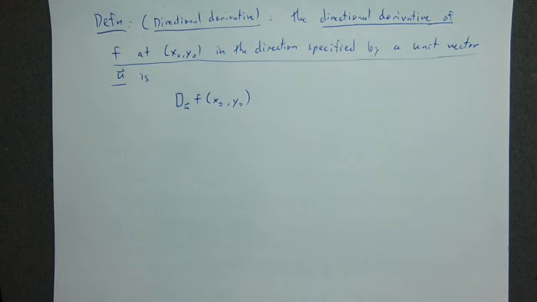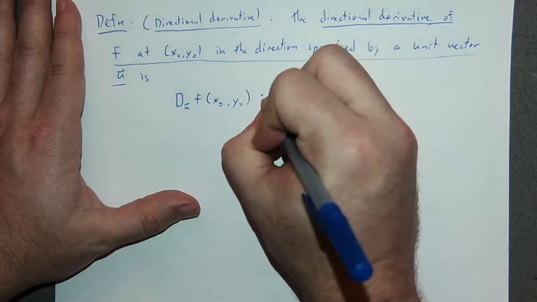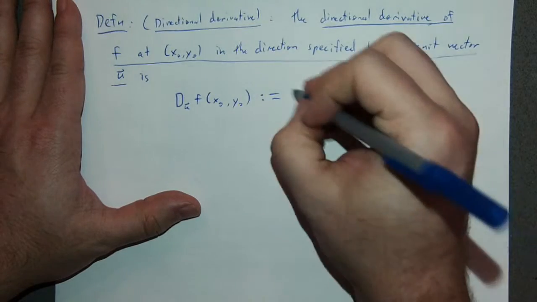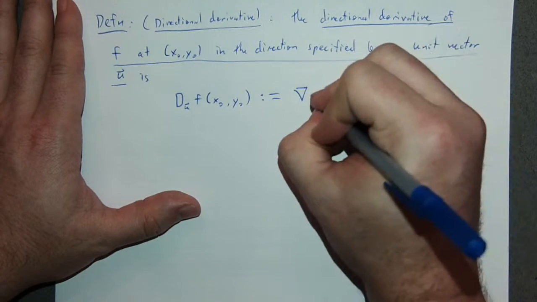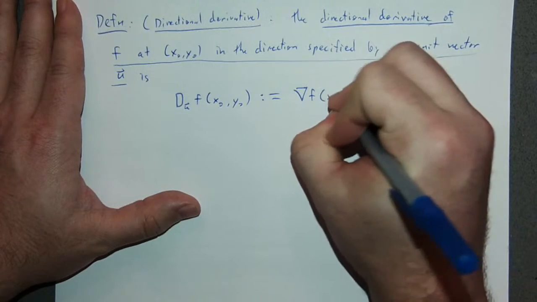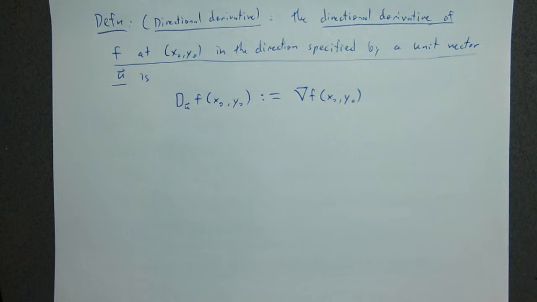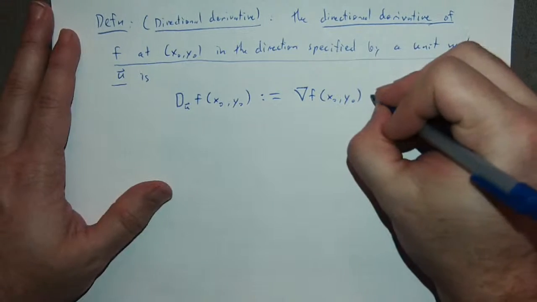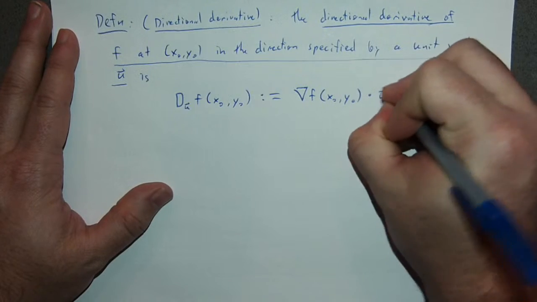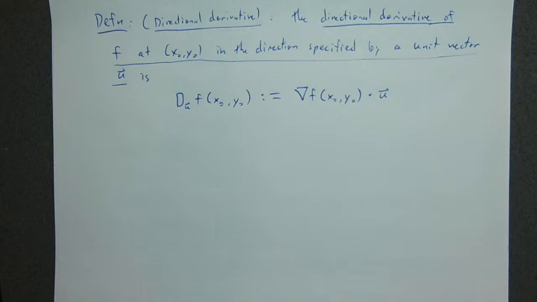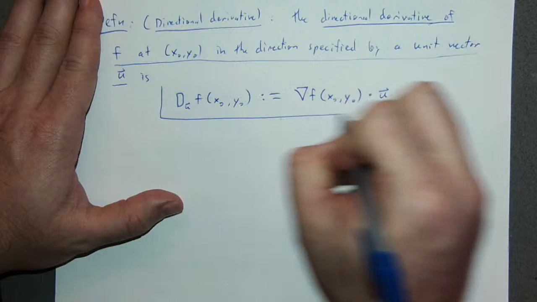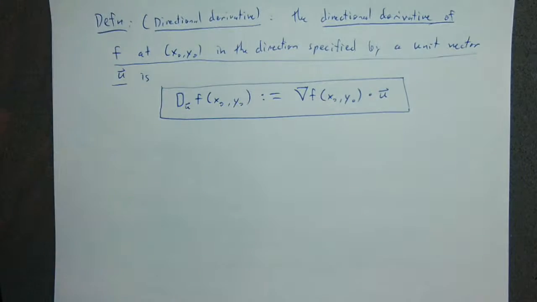How do I compute this? I compute this by finding the gradient of f at the point in question and dotting it with the vector u.